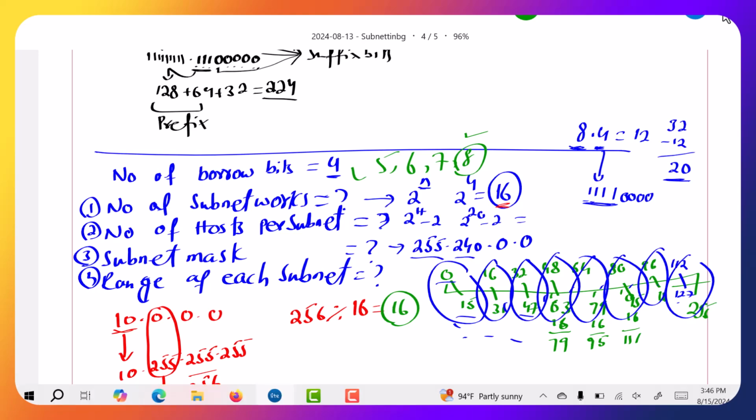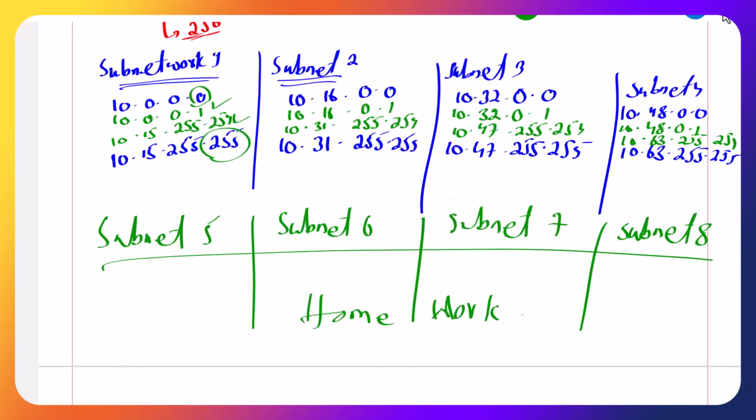There I will try to borrow 9 bits. There is a trick I want to show you, how you can find the range of each subnetwork after borrowing 9 bits, because in 9 bits we will borrow the bit from the third octet. Still we are in the second octet, and we are borrowing bits from there.